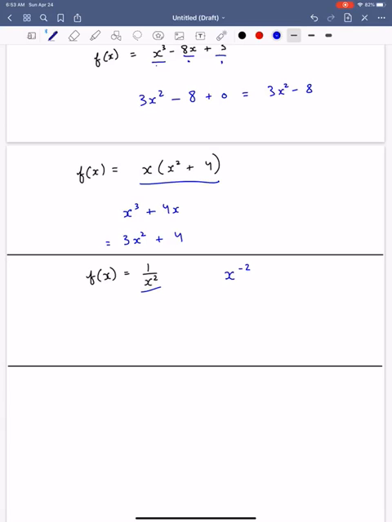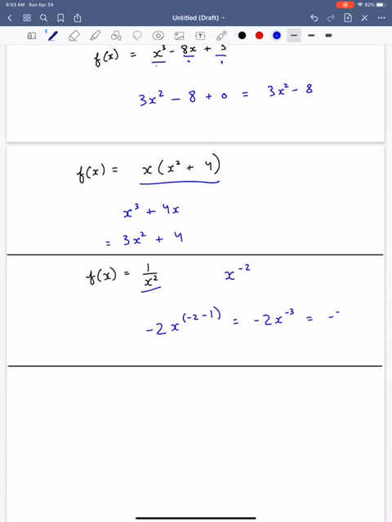Basically, you solve this the same way you would any other derivative, with minus 2 as the power. We use the power rule now. And that would be minus 2 times x with minus 2 minus 1, which will be negative 2x to the power of minus 3.